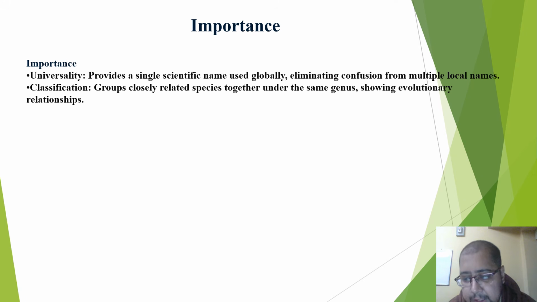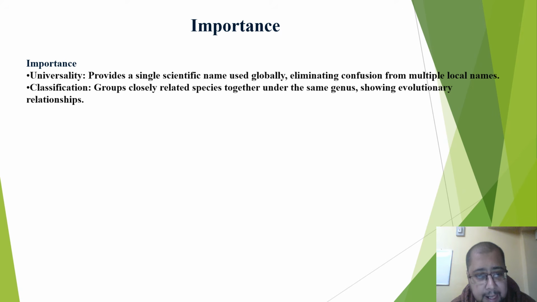Even in different languages, they may be called differently. But a single species can have only one scientific name, which is universal, that is applicable everywhere.